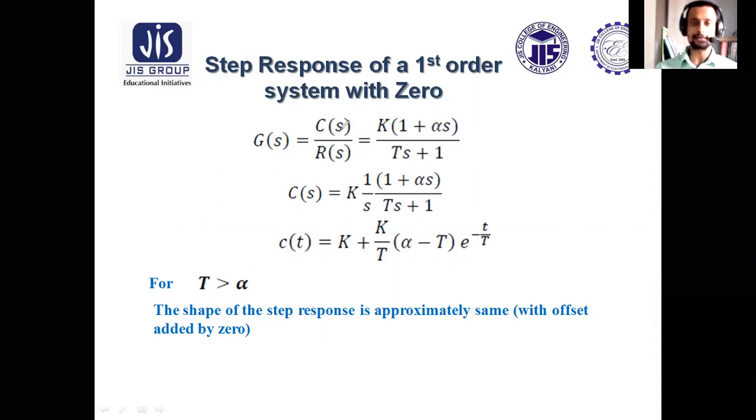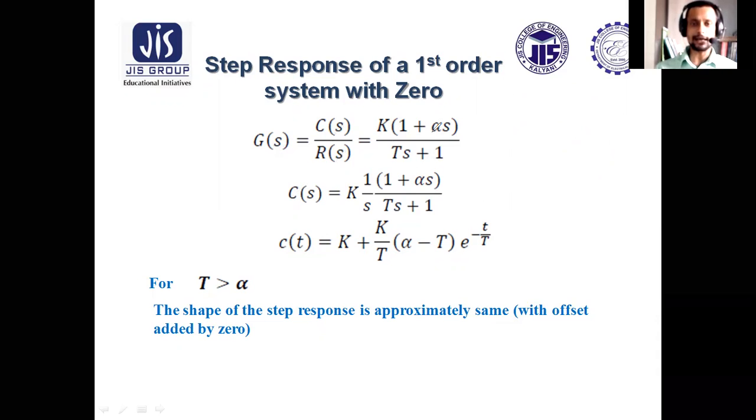See, G(s) equals this, where s equals minus 1 by alpha is the location of the 0, and s equals minus 1 by T is the location of the pole. How these zero and pole locations are found, we discussed earlier in the basic introductory classes of control system. So the 0 is at minus 1 by alpha, and the pole is at minus 1 by T.